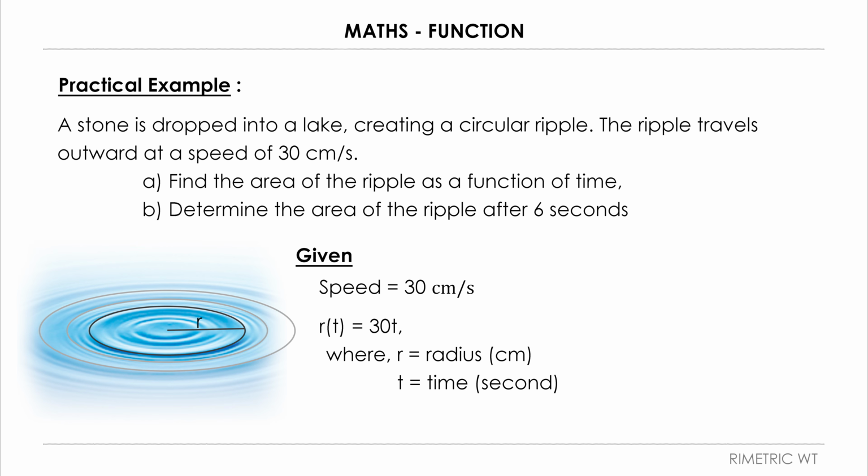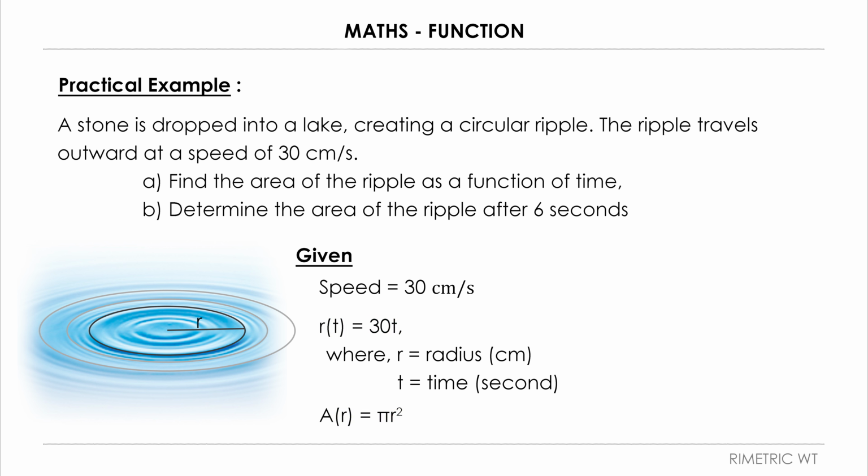And the area of a circle, A of r, meaning area is a function of radius, is pi r squared. Here, radius is an input for the area function, but radius is also the output of the function r of t.